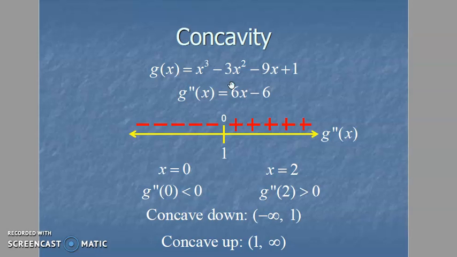So therefore the graph will be concave down in the interval minus infinity to 1, and it will be concave up in the interval 1 to infinity. And you can see that g double dash of x is equal to 0 at x equal to 1, and concavity changes at x equal to 1.